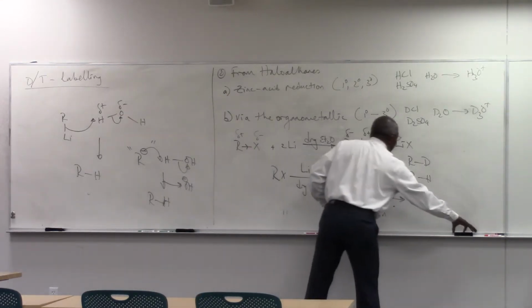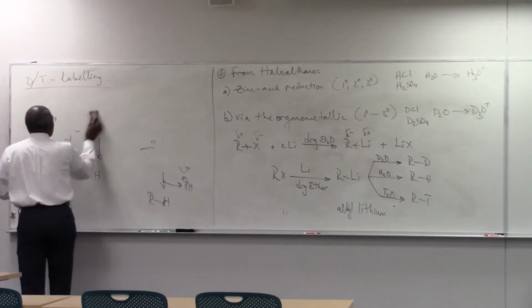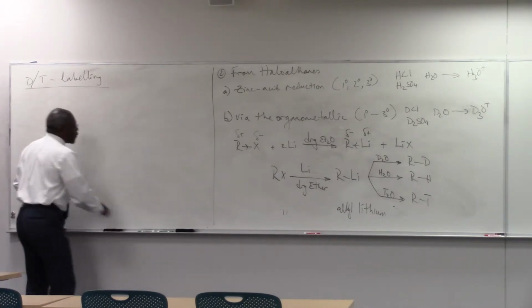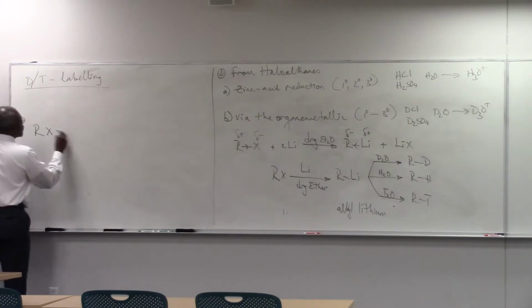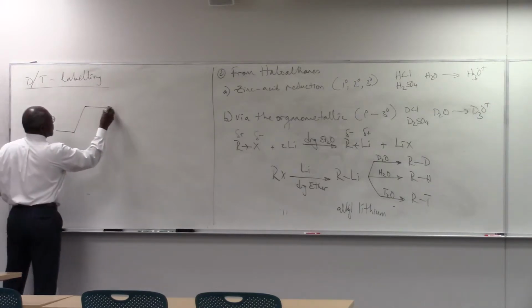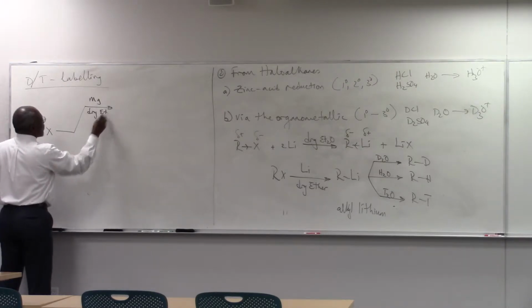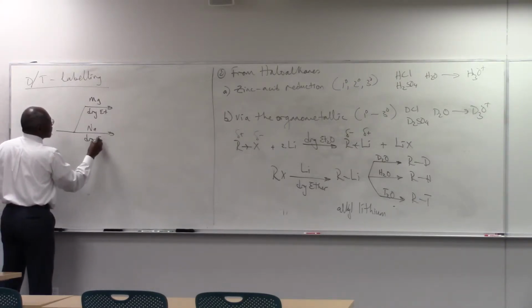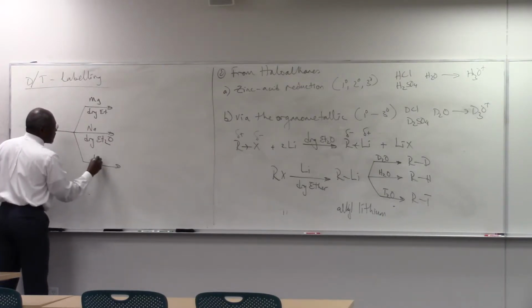I don't want you to think that the only organometallic that we have access to is the alkyl lithium. If I take RX, I can treat RX with magnesium in dry ether, sodium in dry ether, or, as I've done here, lithium in dry ether.